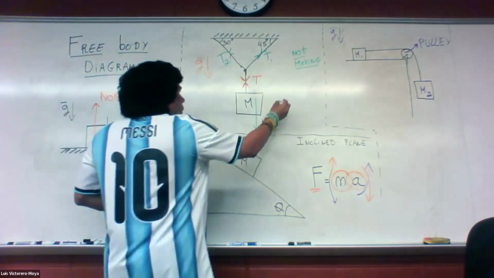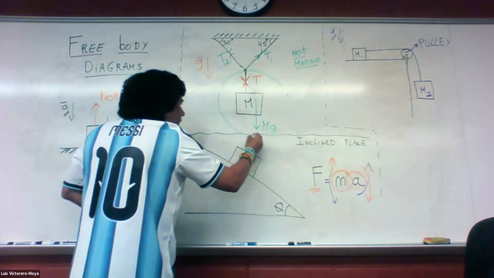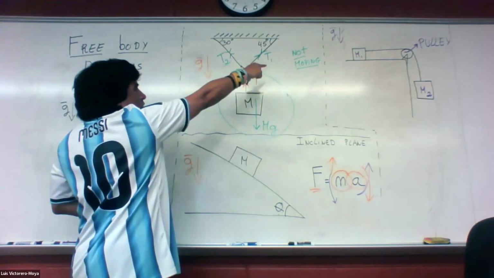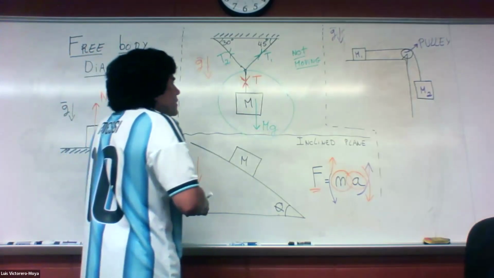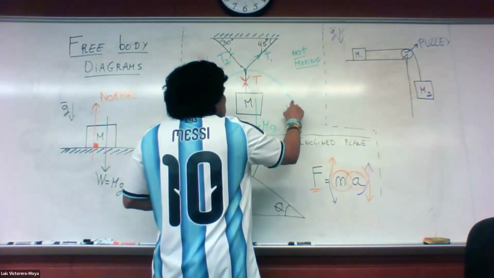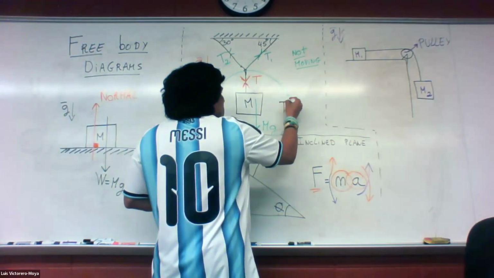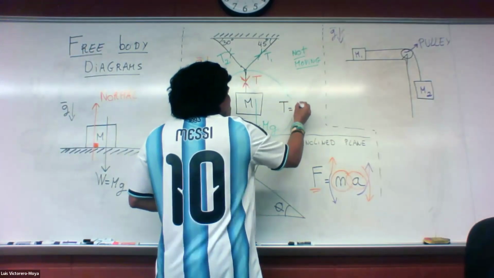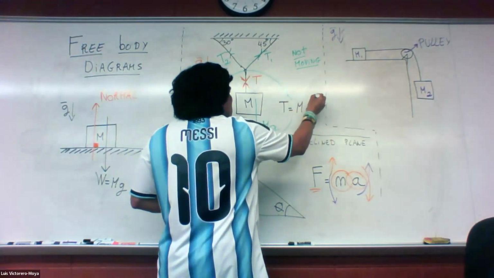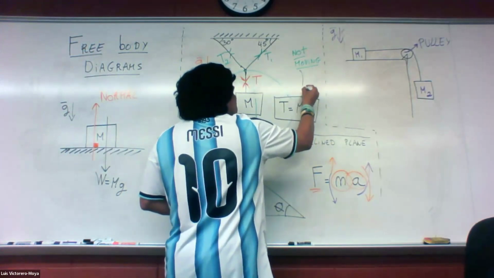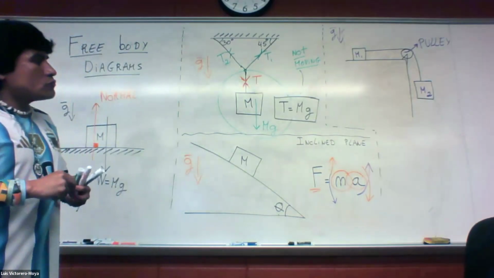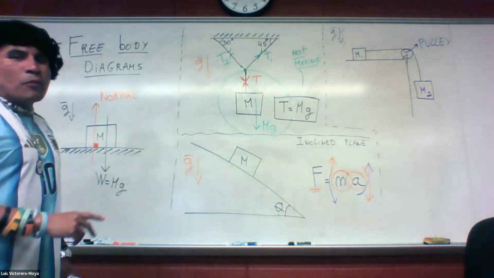Furthermore, what can I say about this mass? Because it's not moving, for this hanging mass, the value of the tension is equal in magnitude to the weight of the mass. That's because it's not moving. We want to solve a problem, don't worry.